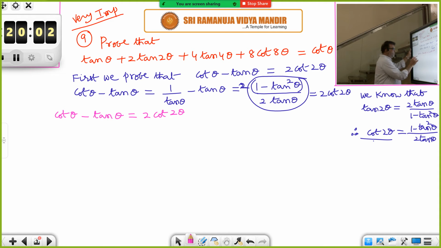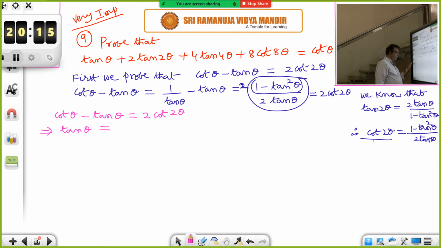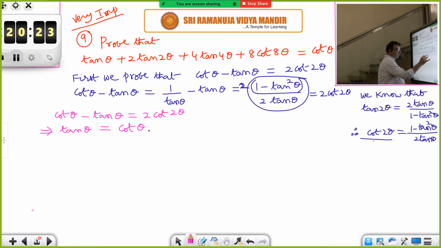So from this, what is tan theta? Tanmay, please tell. Tan theta is equal to cot theta minus 2 cot 2 theta. Now all the students please see here.